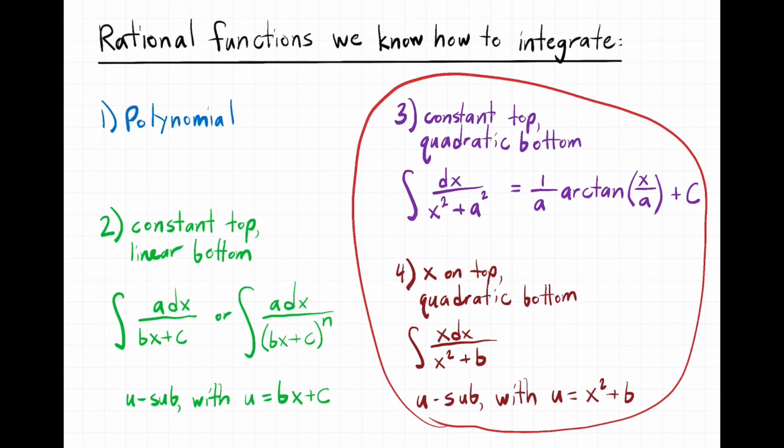So in general, this is kind of the thinking that we need to have here: anytime you have a rational function where the degree of the polynomial on top is less than the degree of the polynomial on the bottom, you might be able to solve it. Maybe we can find a method of solving it even when the degrees are both higher than we have in this list here. And that's exactly what we'll do in the next few videos.